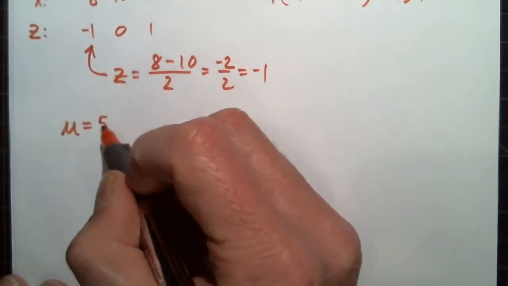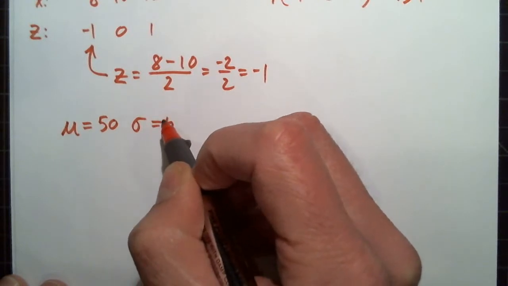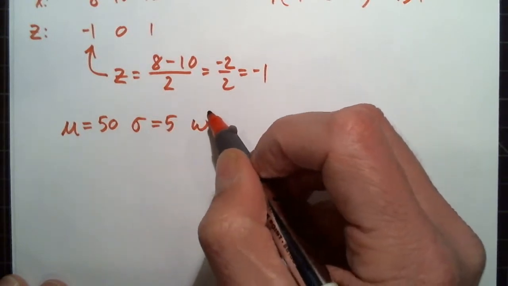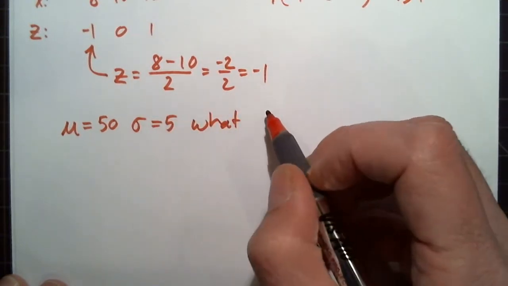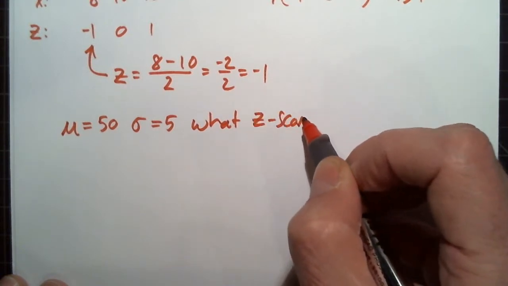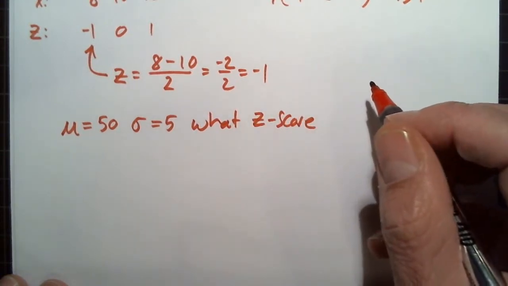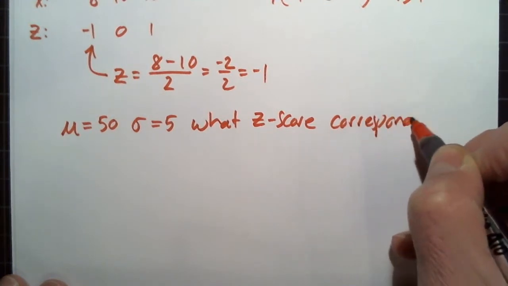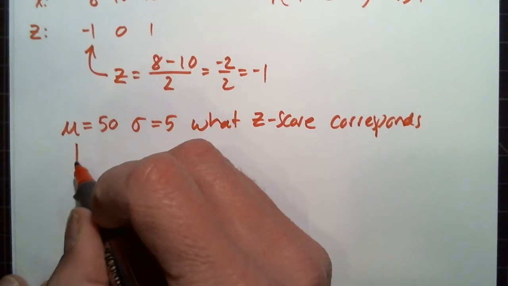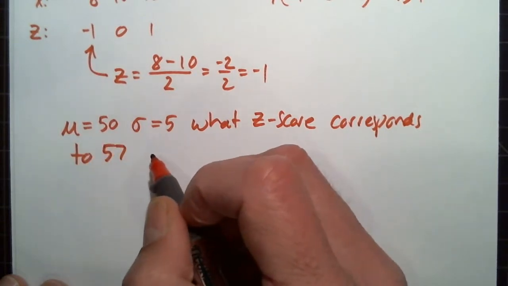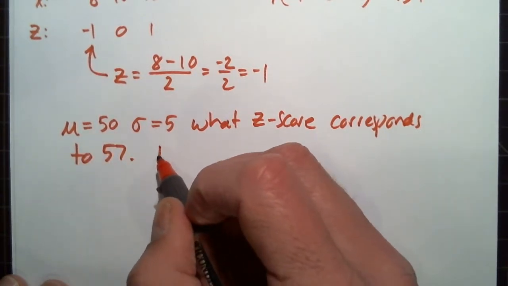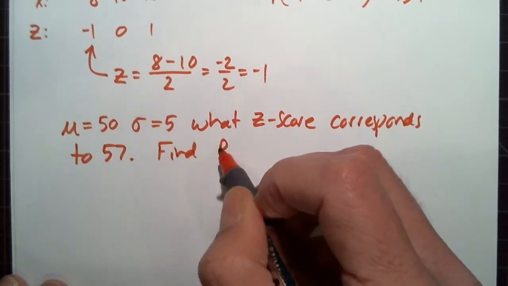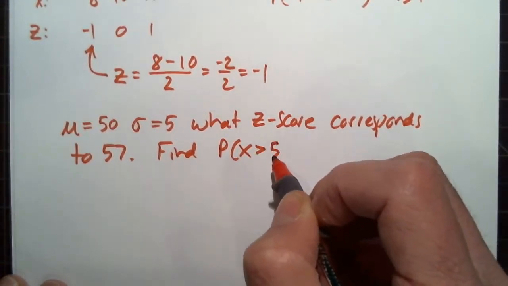The mean is 50, standard deviation is 5. What z-score corresponds to 57? Find the probability that x is greater than 57.